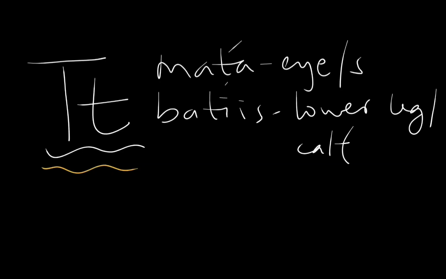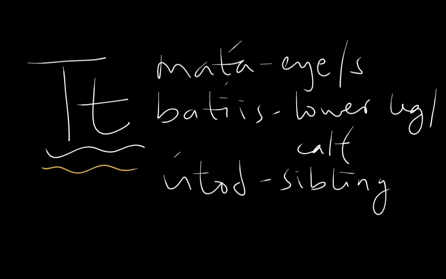We have utod, meaning sibling. So this could be a younger sibling or an older sibling. Again, we have the consonant ta in the middle of these words. So let's go over these words again. Mata, batiis, utod.